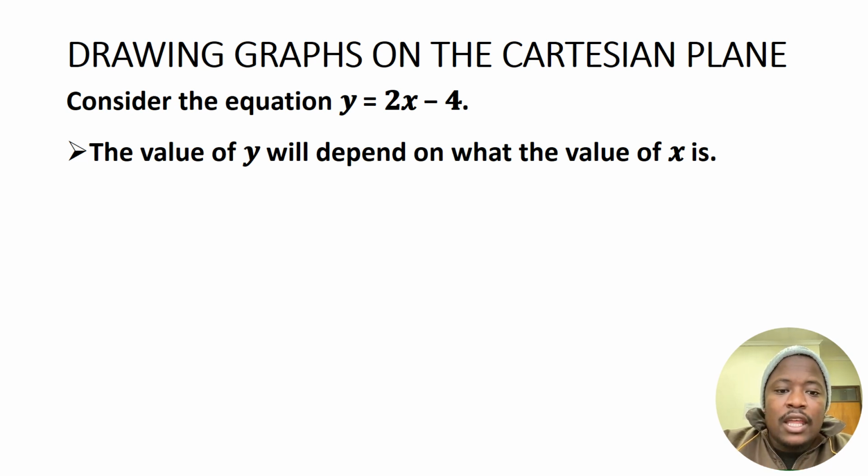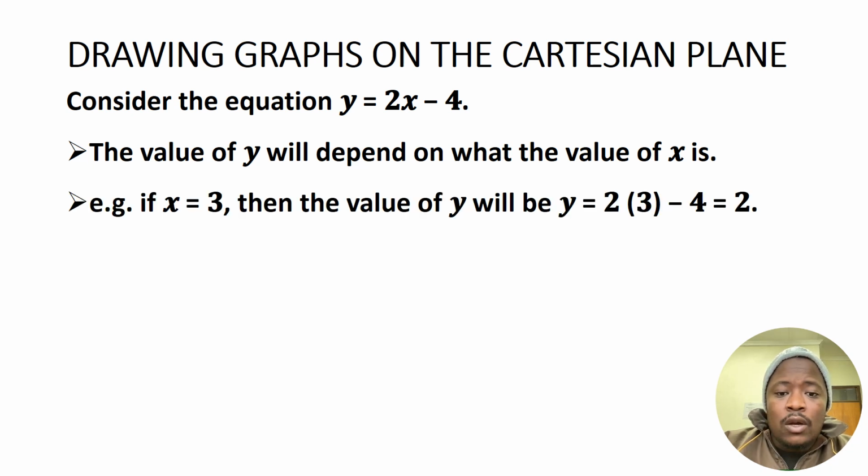We are saying the value of y will depend on what the value of x is. What do we mean by that? Take for an example x = 3. It means where we see x, we will substitute with positive 3.